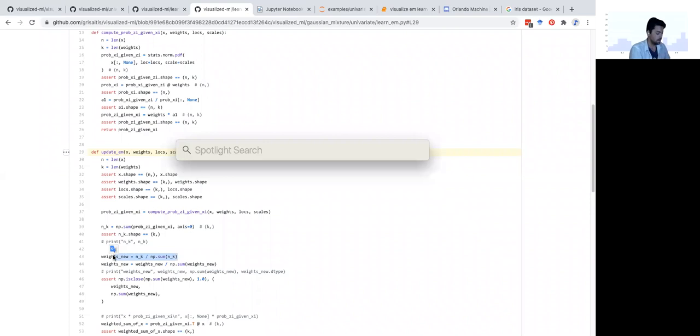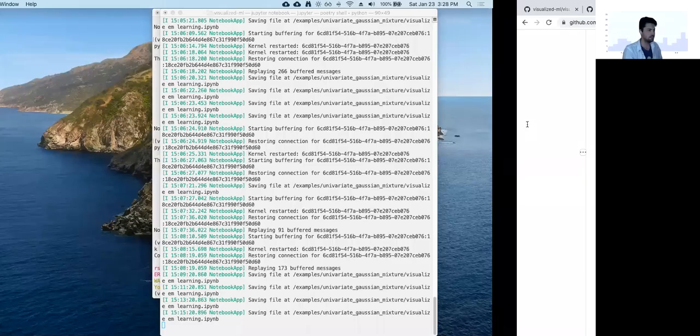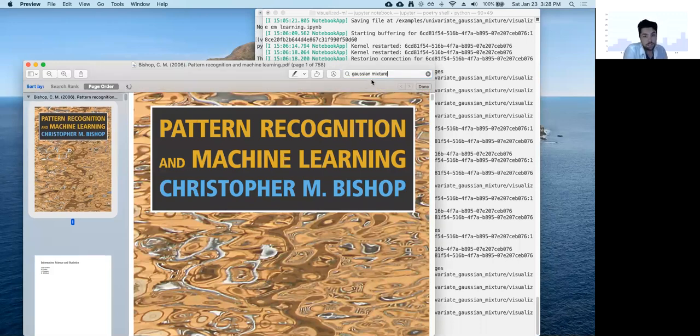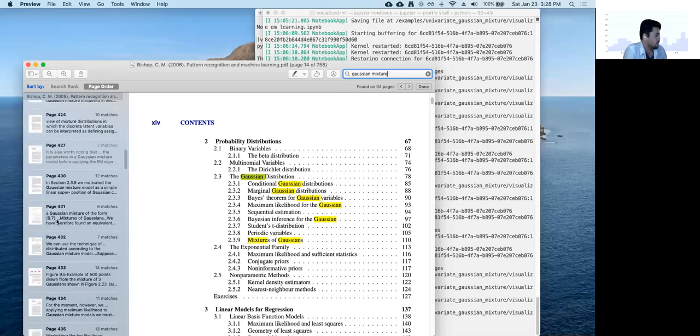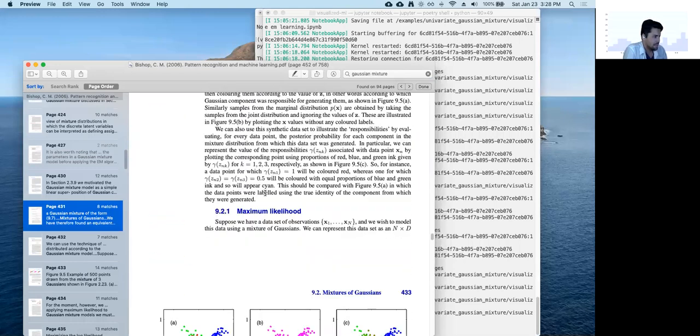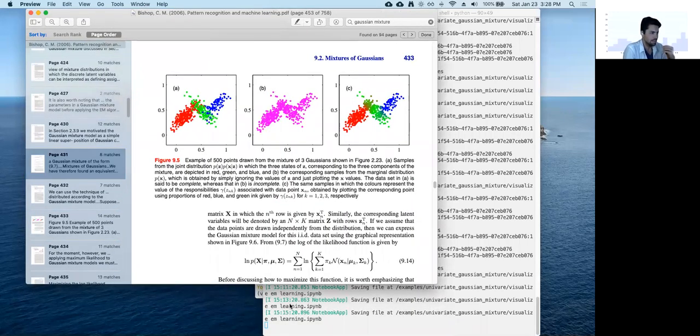I am not going to go into the derivation of why, but if you're interested in digging a little deeper into the machine learning of this, I would recommend, probably the best book to look at, there's a whole chapter in this book all about Gaussian mixture models and the EM algorithm, and it has a few nice plots.